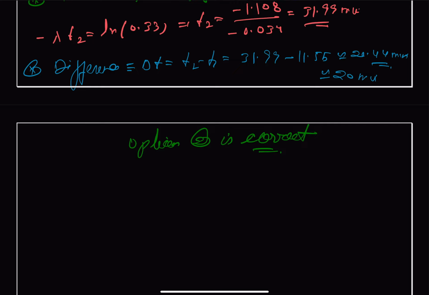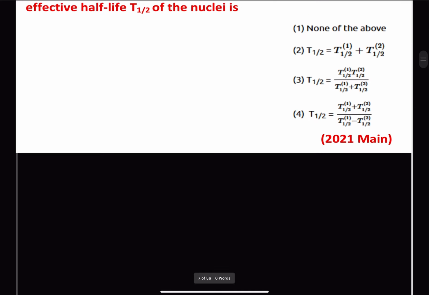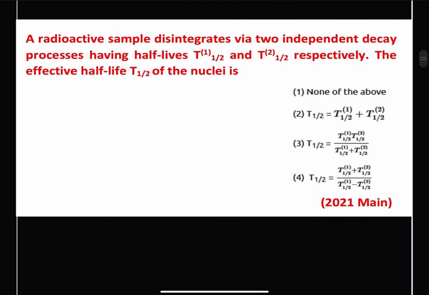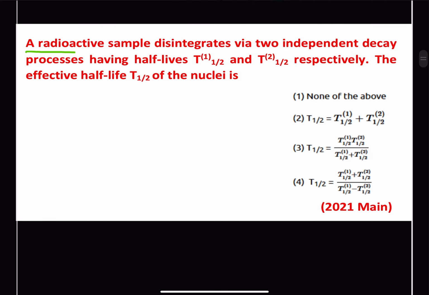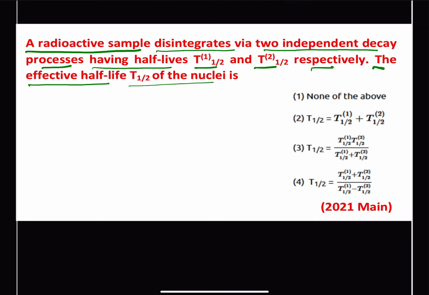Next question. It states that a radioactive sample disintegrated via two independent decay processes having half-lives as T1 half and T2 half respectively. The effective half-life T half of the nuclei is?